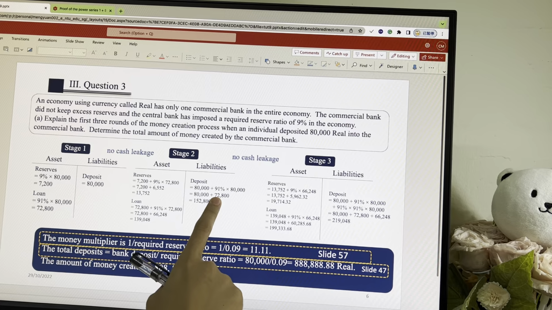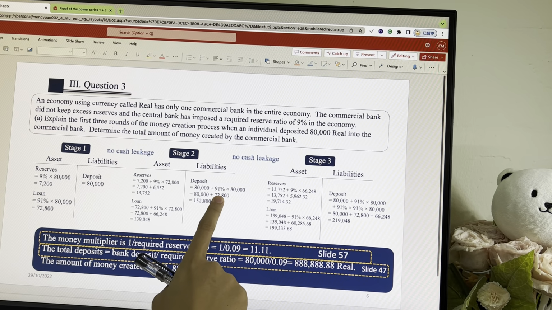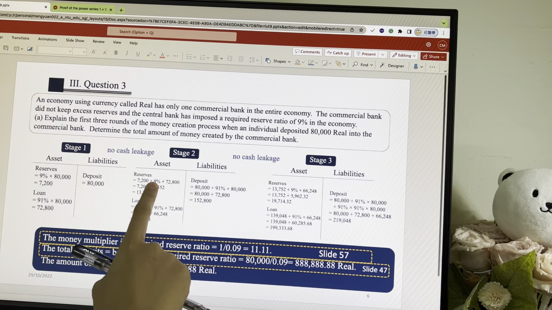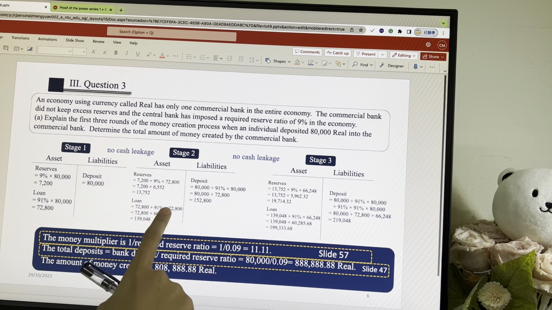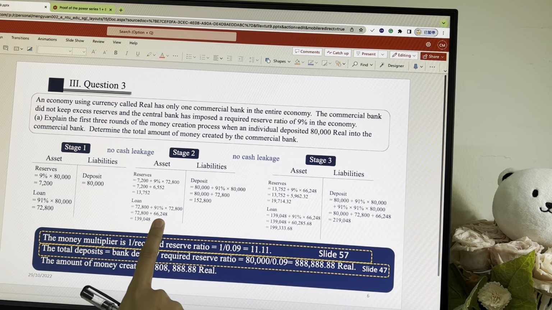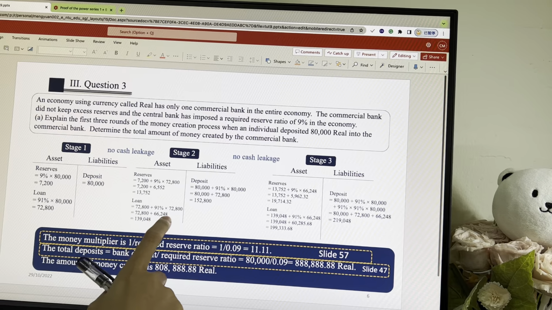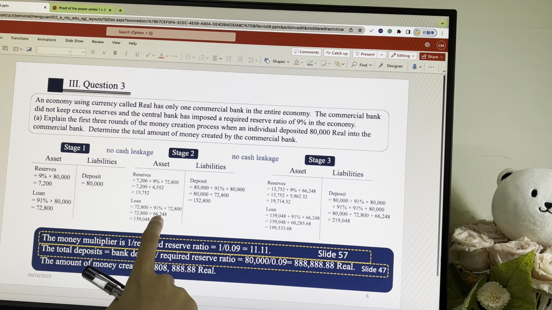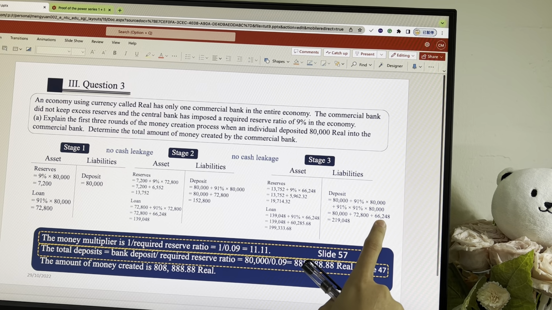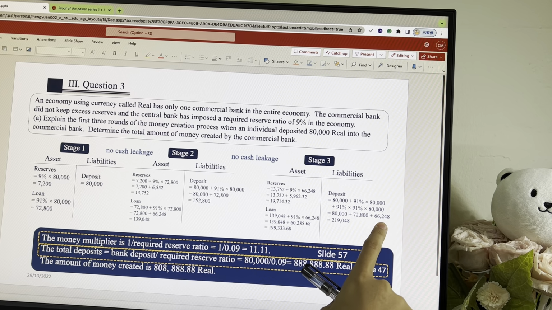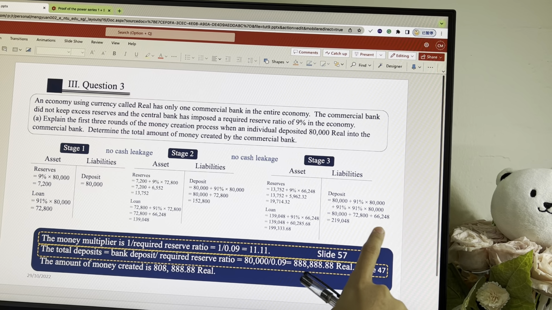Then with this deposit, 9% becomes a reserve and 91% becomes a loan. Okay, then we created a new loan, which is here, right? And this amount becomes the next stage deposit, just like before, redeposited into the bank.